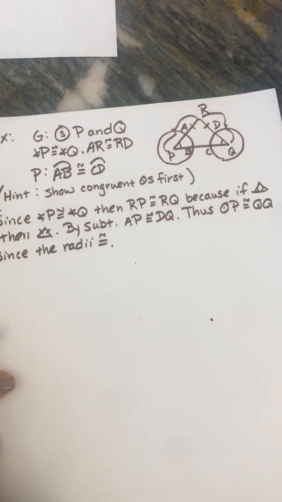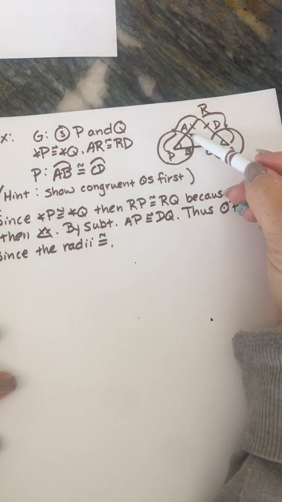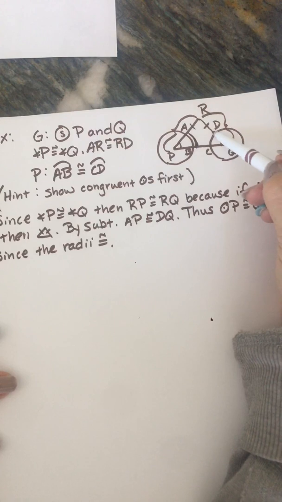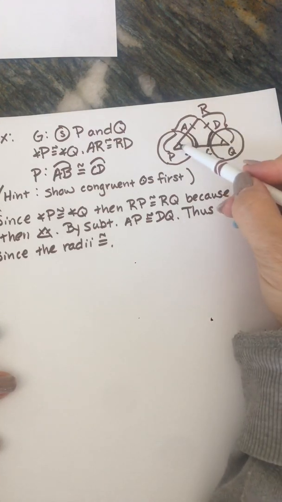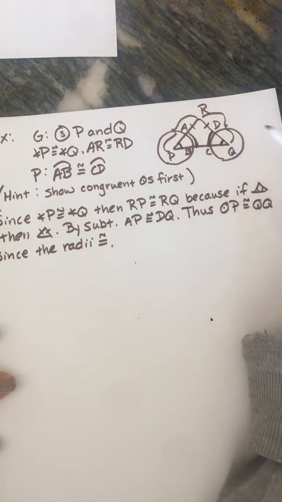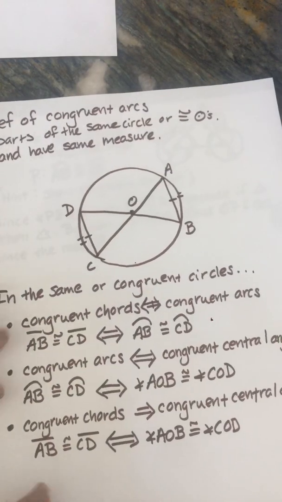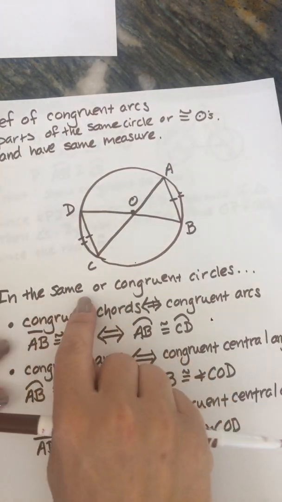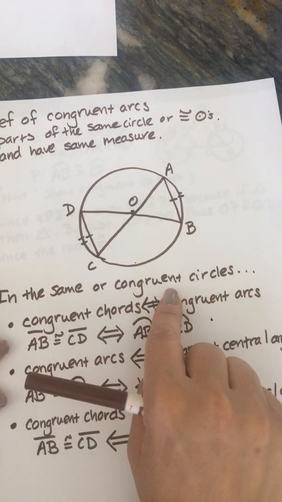All right, so now we have congruent circles. Now let's keep in mind, we want to show that AB is congruent to CD. So AB is here, CD is here. What are these kinds of angles called? Those are called central angles. So we're in the same circle or congruent circles. We're in congruent circles in this case.